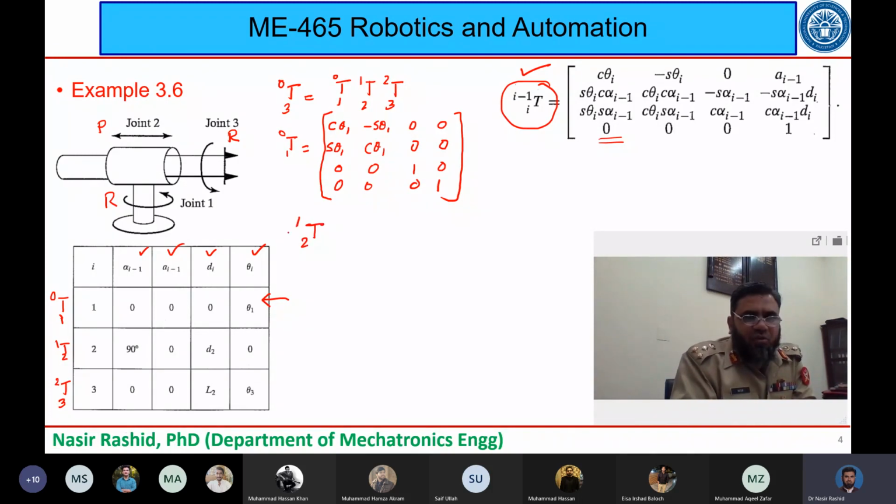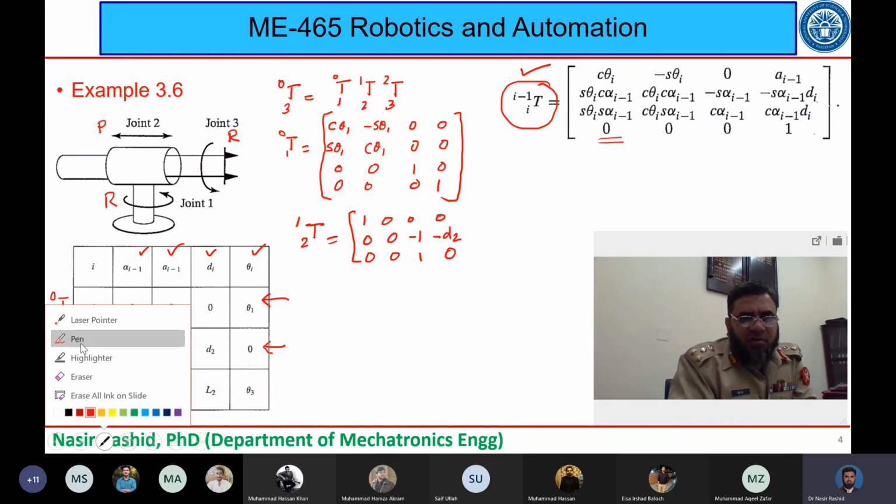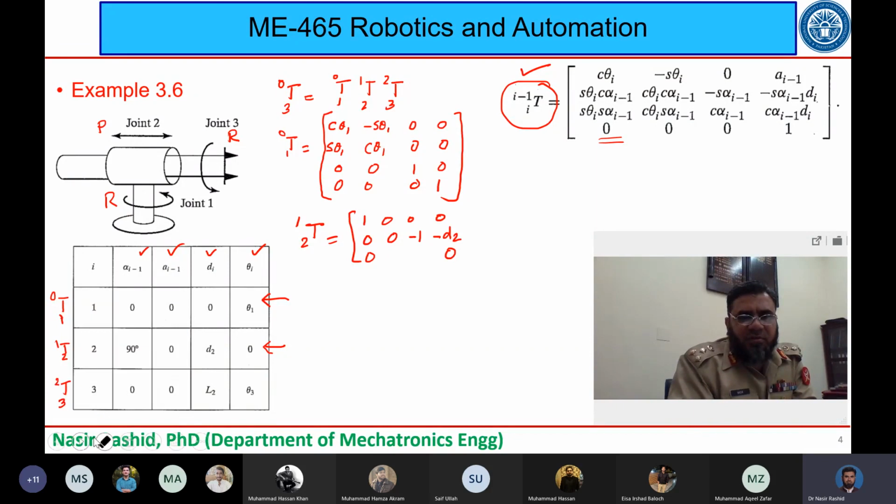So T2 to 1, I am going to use this row, and this is going to give me 1 0 0 0, 0 0 minus 1 minus D2, then 0 1 0 0, 0 0 1 0, and the last is 0 0 0 1.